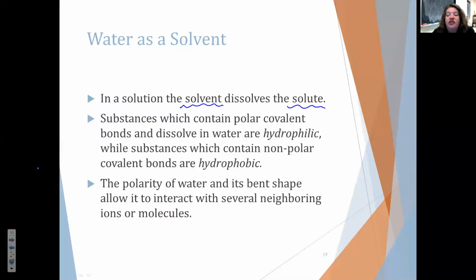If substances contain polar covalent bonds, they're going to dissolve very readily in water, and we call them hydrophilic, liking water. Substances that contain non-polar covalent bonds are going to be called hydrophobic.